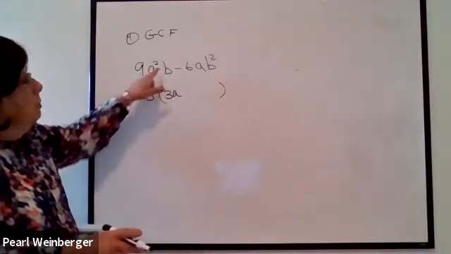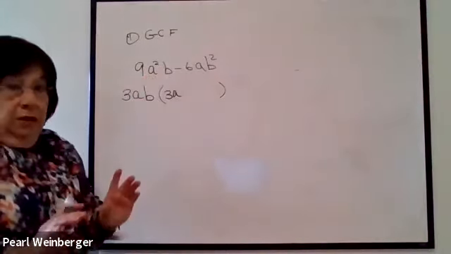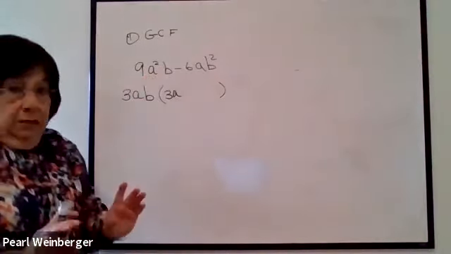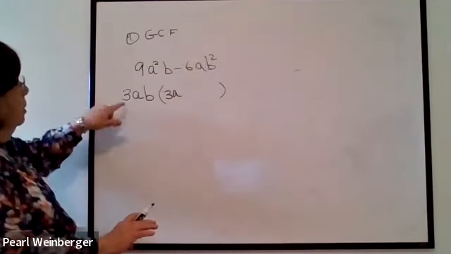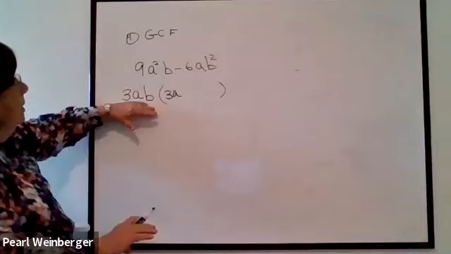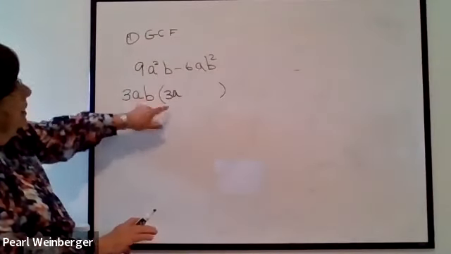So in other words, the B canceled out. Let me just make a comment. If every single thing cancels out, it doesn't all disappear, you're left with a 1. If some things cancel out and some things don't, then you're just left with those letters and numbers. So when I divided the 3AB into 9A squared B, I got 3A.